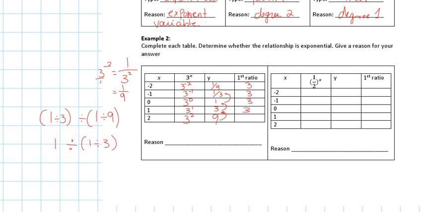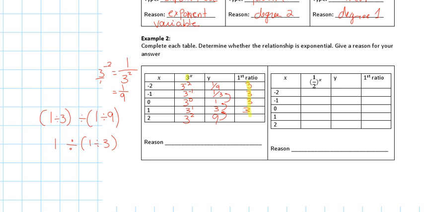Did I expect my first ratio to be 3? Yes. Why? Because of the base. The base. Okay? So, what can you tell me about this? Complete each table, determine whether the relation is exponential, give a reason for your answer.